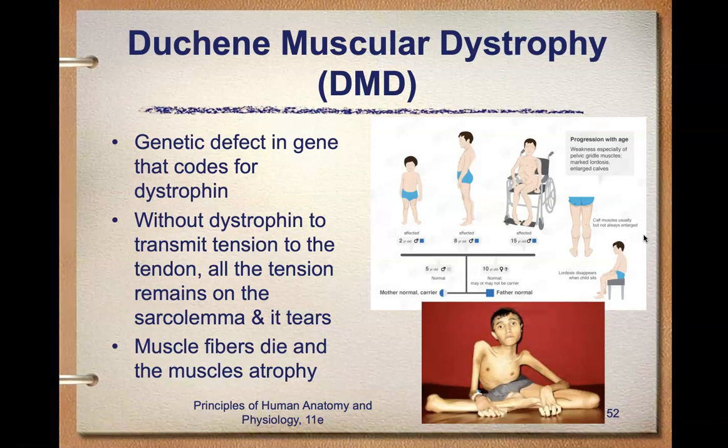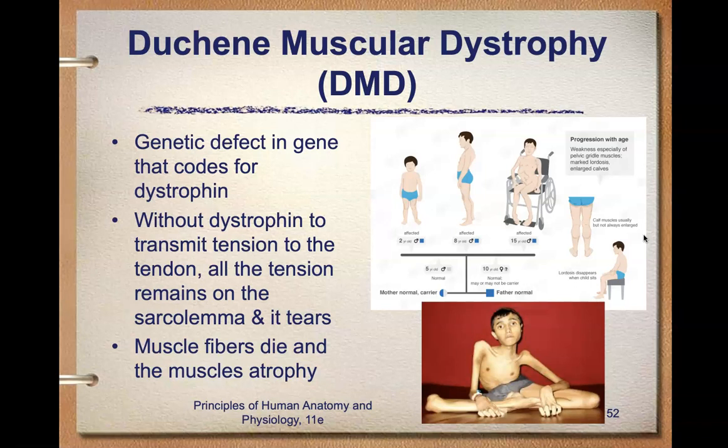Unfortunately, you see this primarily in men, because remember that anything that's carried on the X chromosome, if you're female, you have two X chromosomes. So you have another shot at getting another normal form of this gene. If you can get a normal form of this gene, then you can make the normal dystrophin.